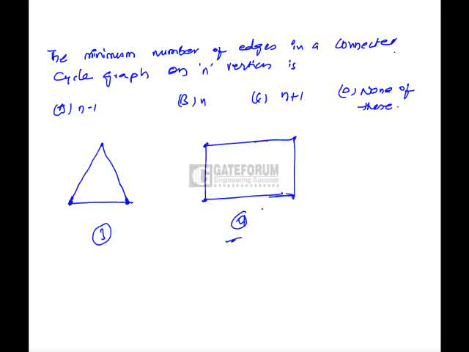So the minimum number of edges in a connected cycle graph on n vertices is n, because we need all the n edges, then only it will be a cycle, otherwise it will not be a cycle graph. So here the correct option is option B.